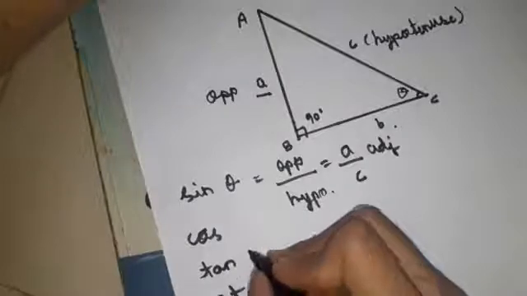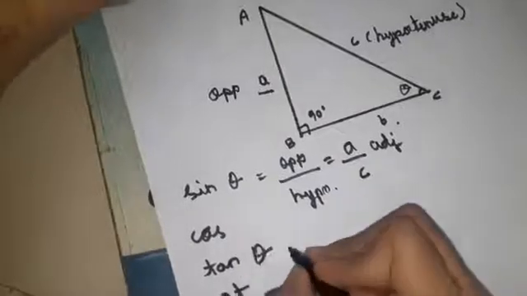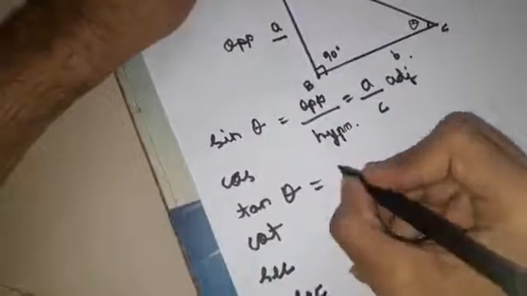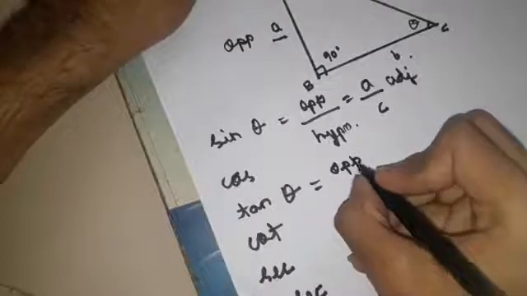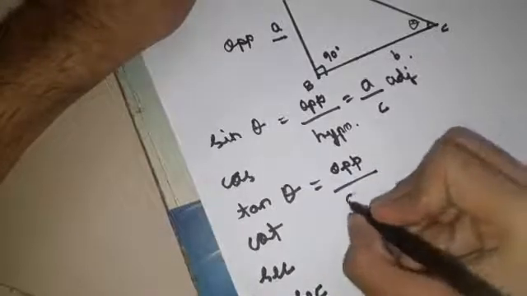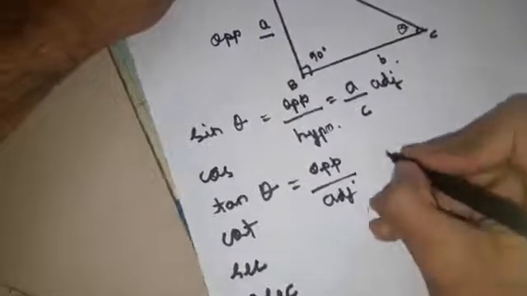Similarly, the tangent ratio, tan theta, is the opposite side upon the adjacent side. The opposite side is small a and the adjacent side is small b, so it is a upon b.